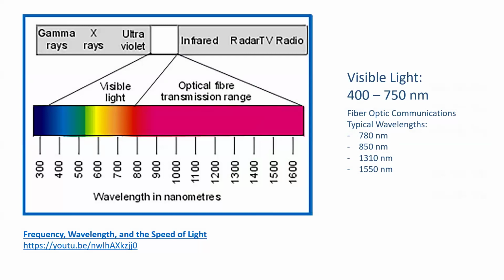Okay, let me go here. Why is that? Why don't we transmit somewhere else? So here's 780 nanometers, somewhere here. And the next one will be 850, so it would be somewhere here.